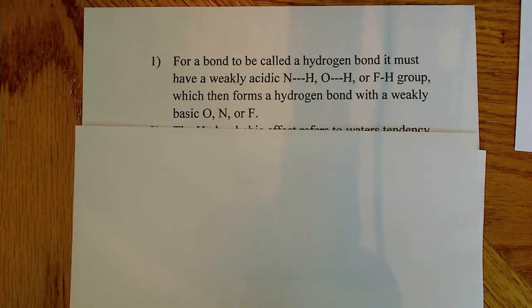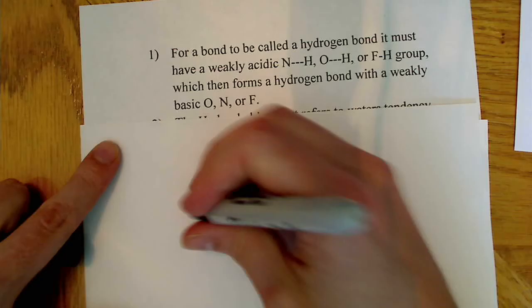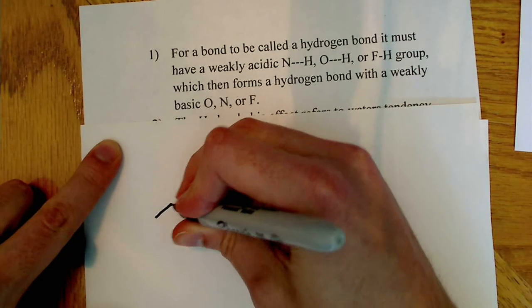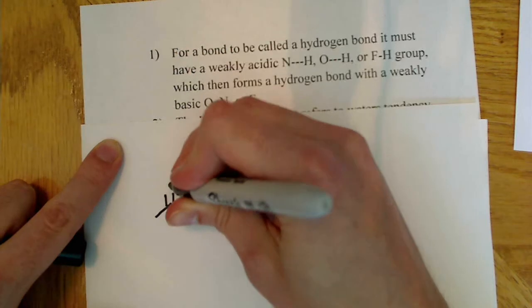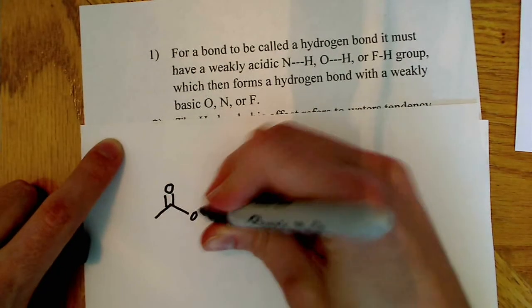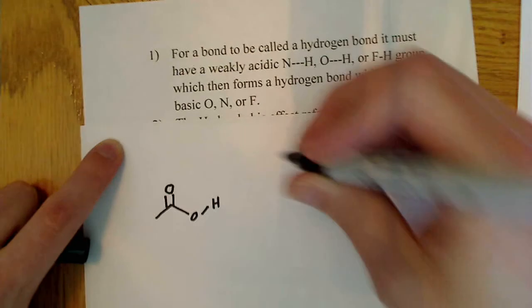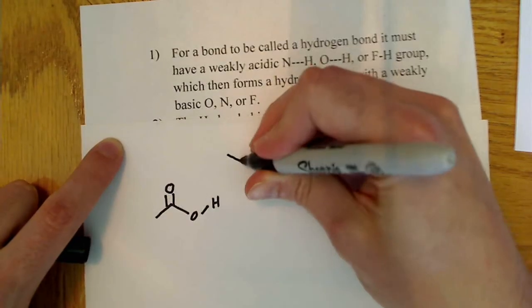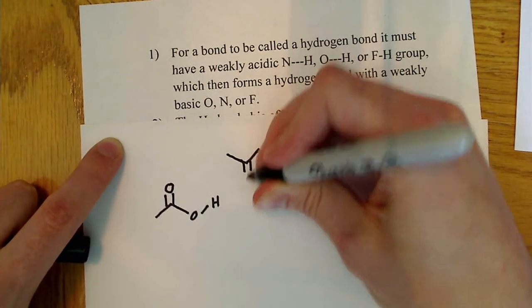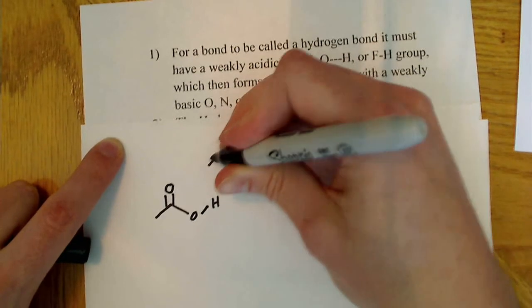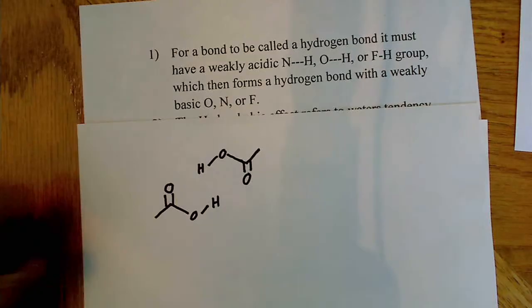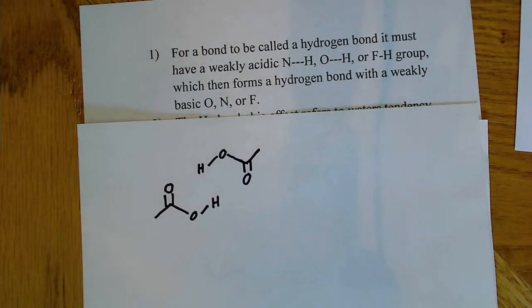So the first thing I would do with a problem like this is draw acetic acid. And since we're forming a dimer and we know it involves two subunits, we're going to draw two acetic acid molecules. And I'm going to draw them in a specific way. It might look kind of strange right now, but it will make sense in a minute. The thing to realize is that we have the conditions to form hydrogen bonds.